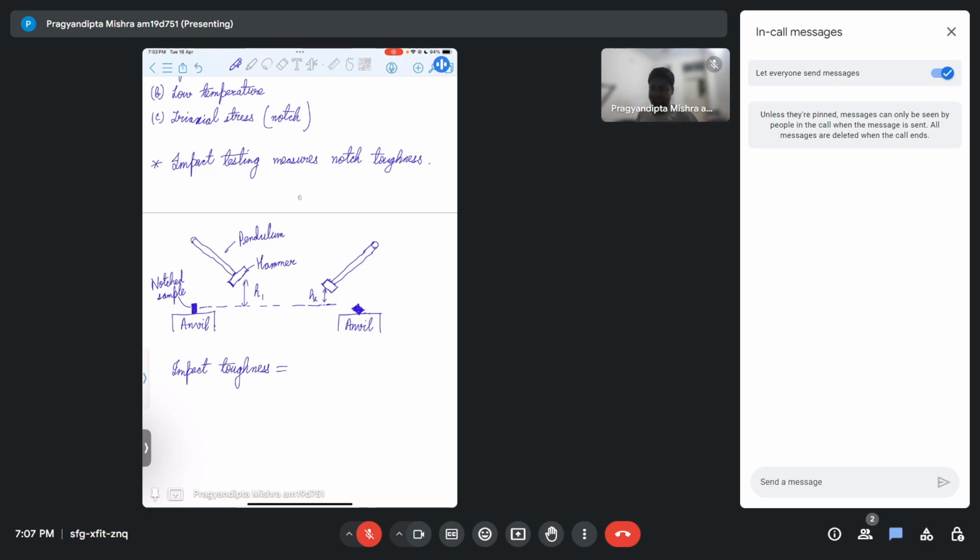Now coming back to the different things that can affect your impact strength. There is a very important curve that we have to look at.